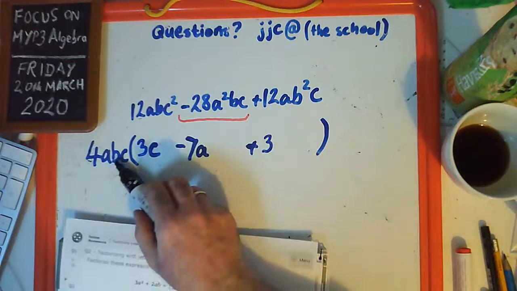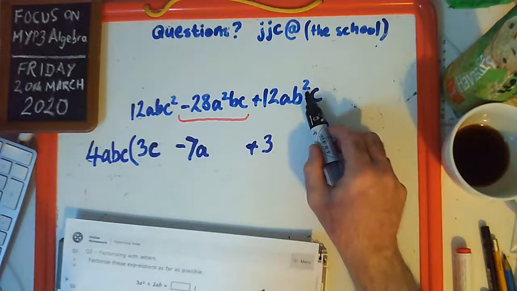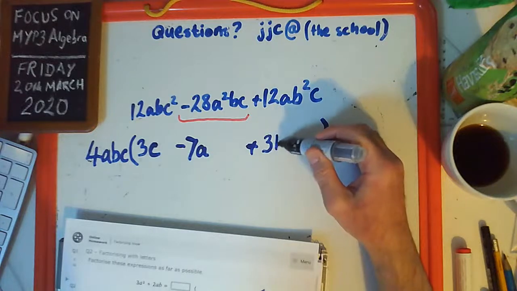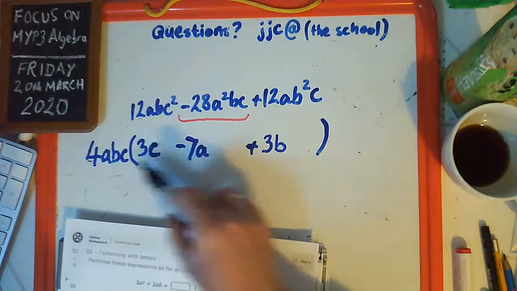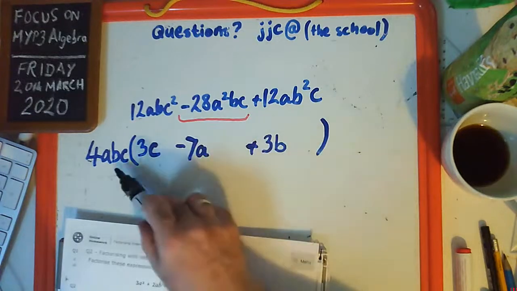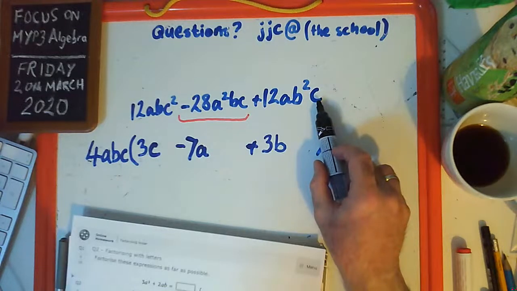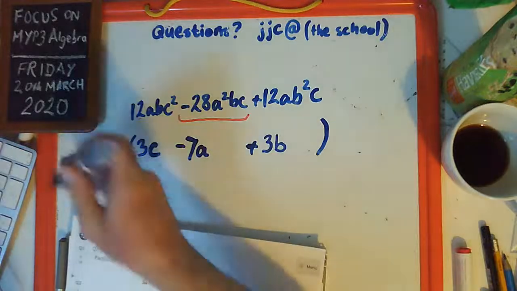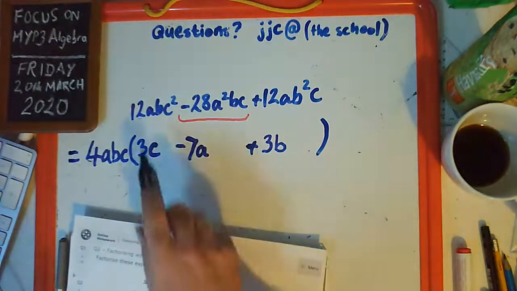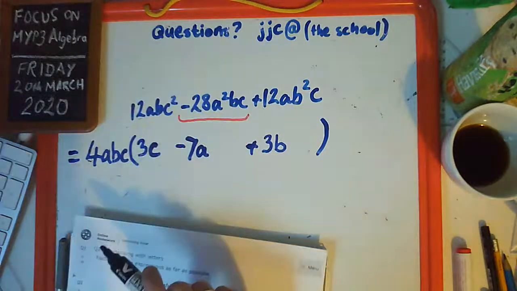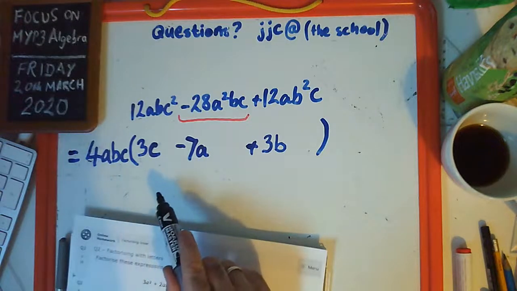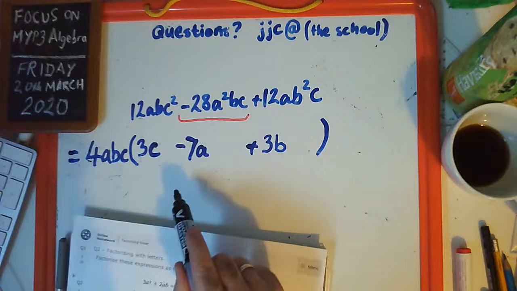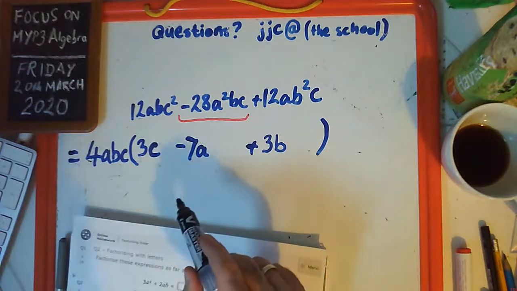The b's, I've got a b, I'm trying to get a b squared, so I'm going to have to multiply that by b to get the b squared, and then the c's are as they should be. I've got a c, I don't need any more c's. So the full factorization is that the thing we started with is equal to 4abc outside the brackets, and then in the brackets 3c minus 7a plus 3b.